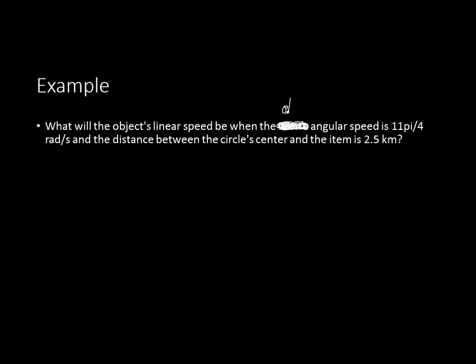So I'm just going to write here objects. Anyways, let's go. What will the object's linear speed be when the object's angular speed is 11 pi all over 4 radians per second, and the distance between the circle center and the object is 2.5 kilometers?